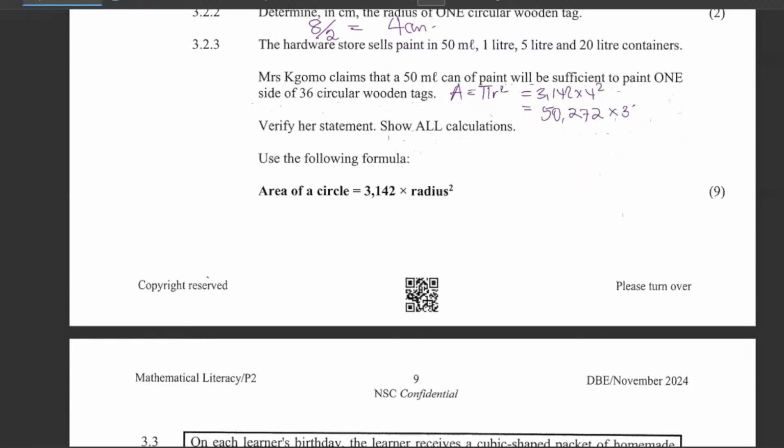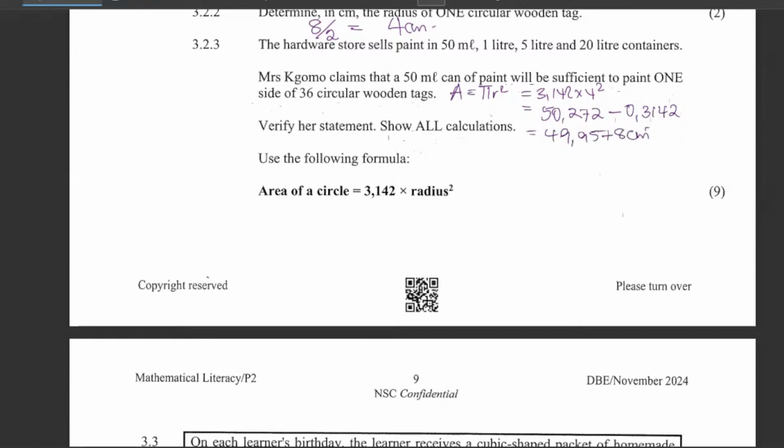Oh, wait. We get that, we subtract the area of the hole, which was 0.3142. Subtract that and we say that minus 0.3142, you end up having 49.57.